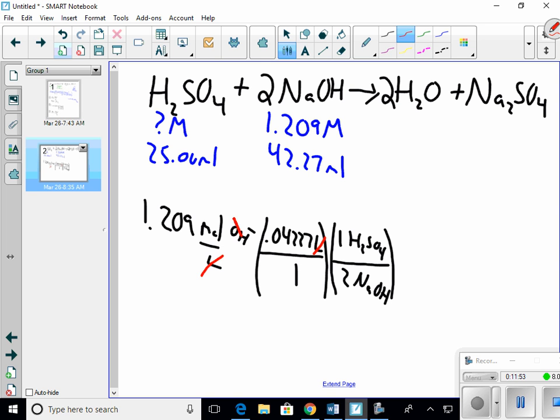Now my NaOH cancels out, and I'm left with moles of H2SO4. If I want to get to molarity, molarity is moles divided by liters. So I'm going to divide by my 0.02500 liters. And this gets me 1.022.